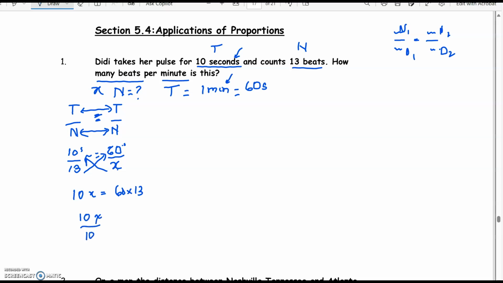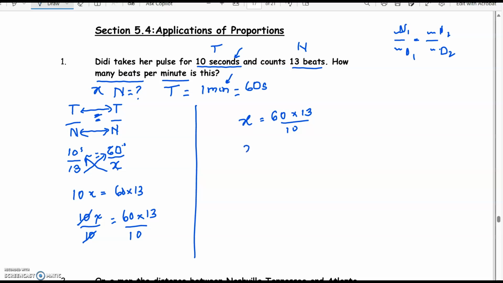So we have to divide both sides. Since 10 is multiplied to x, we divide both sides by 10. x equals 60 times 13 over 10. So the 10 cancels, and technically we've solved the equation. 60 times 13 over 10 is the number of beats in 60 seconds.